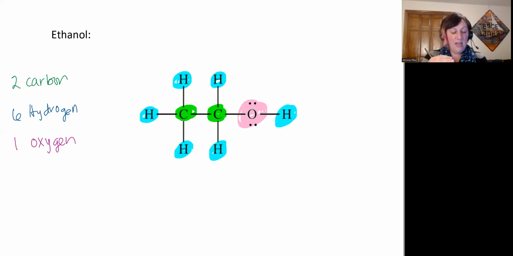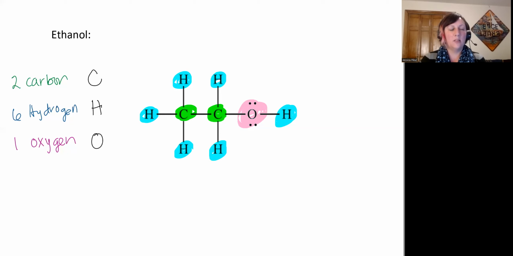Okay, so I now have the ratio. I know how many of each type of element I have, and I know which elements I have. I just have carbon, hydrogen, and oxygen. I'm going to look at my periodic table and find the chemical symbol if I need to. Carbon's chemical symbol is C. Hydrogen's is H, and oxygen's is O. These are all ones where the chemical symbol is just the first letter of its name.